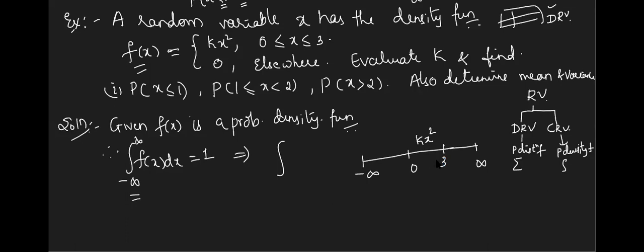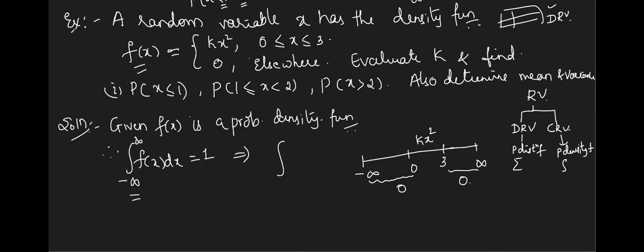What is the meaning of 0 elsewhere? In the remaining intervals. Minus infinity to plus infinity is divided into 3 parts now. Between minus infinity to 0, the function is 0. Between 3 to infinity also it is 0. Got it?